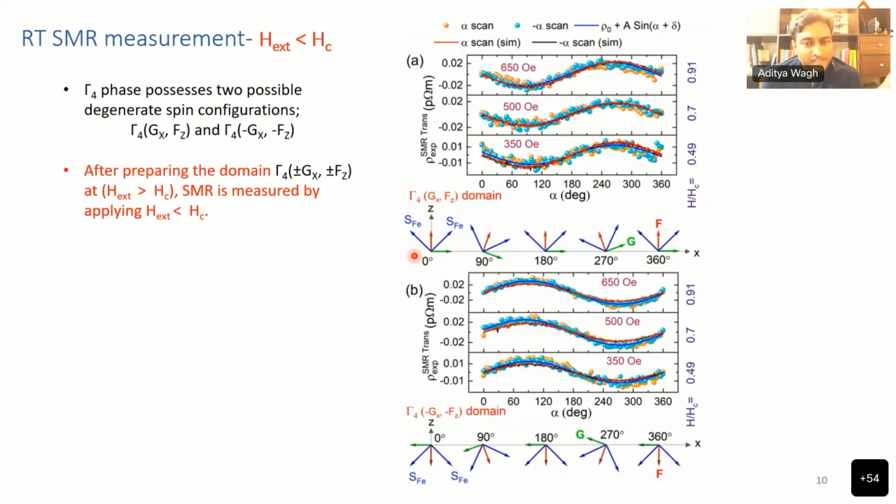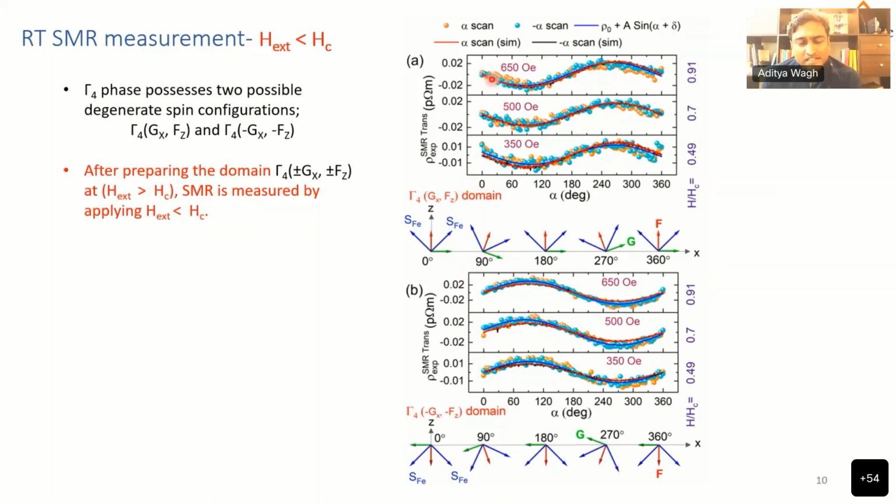Then we remove that field, and you know there is a remanence, so the domain stays. Then we apply a field less than HC and rotate the magnetic field. Since the field is less than the critical field, it cannot really switch the domain. So we have a single domain, one of these domains we prepare first, and we do the measurement.